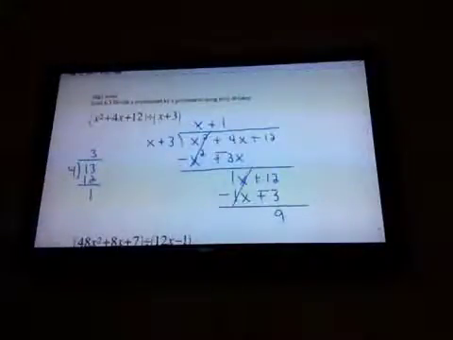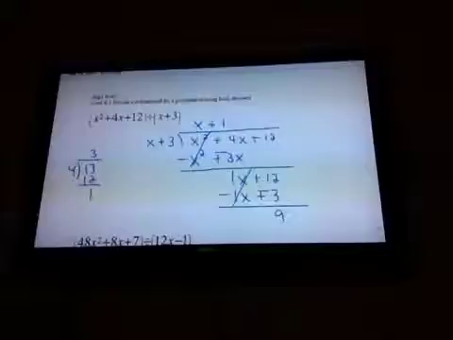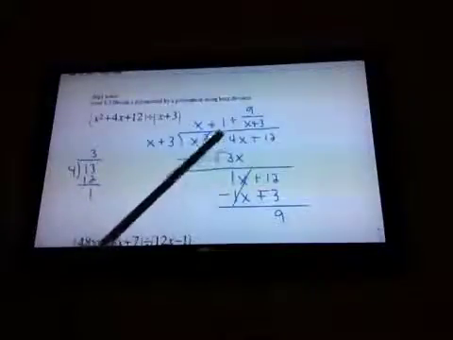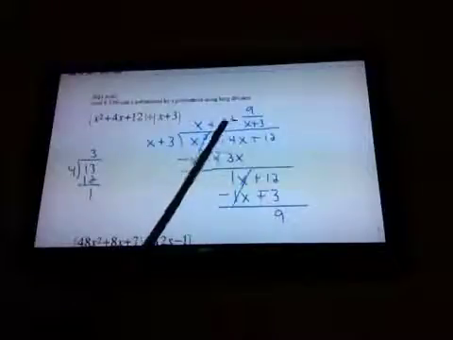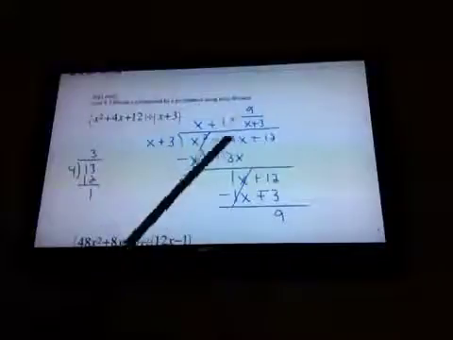It means you have a 4th left over. So polynomials work the same way. It means I have left 9 over that x plus 3. And then we always add our remainder. So it's plus our remainder, 9, over our divisor, x plus 3.